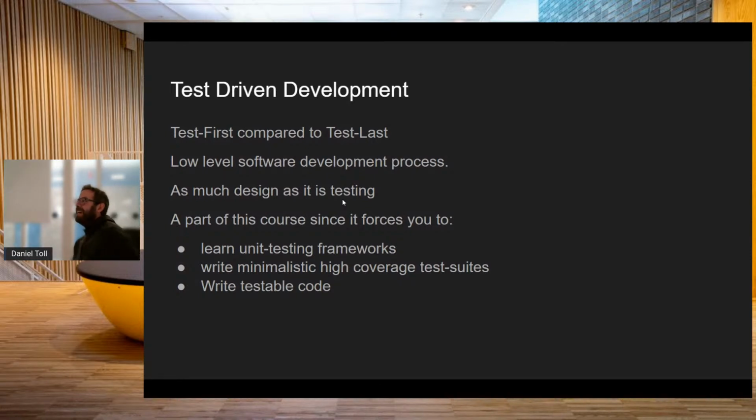When we write code first, and then we test the code, then it's called test last. So test first means that we write the test and then we write the code for the system. It is a low-level software development process, which means that it's not a rational unified process or Scrum or something like that.